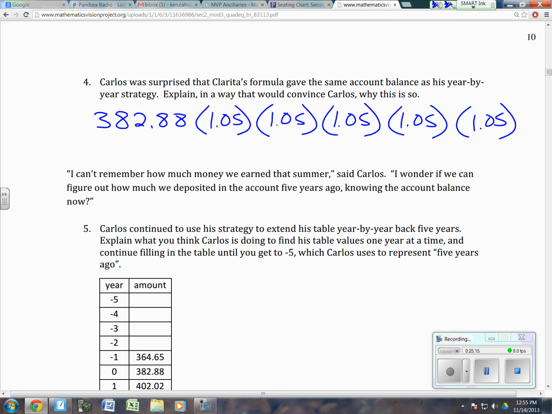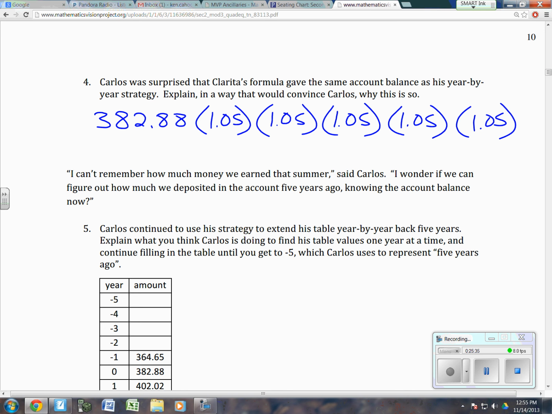Okay, so we get that number. And then I times that by 1.05, and I would get the third number, right? Then times that by 1.05, then I get the fourth number. Times that by 1.05, and you keep timesing by that until you get to your 5th year. And you get that same number. That's why it works the same, okay?